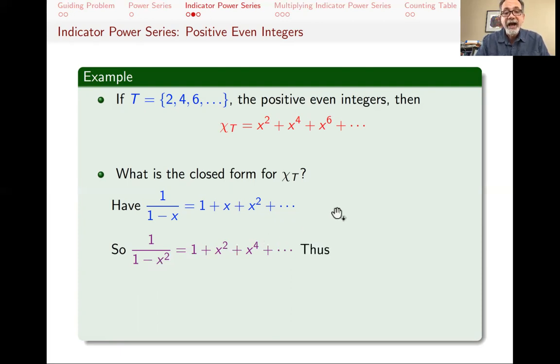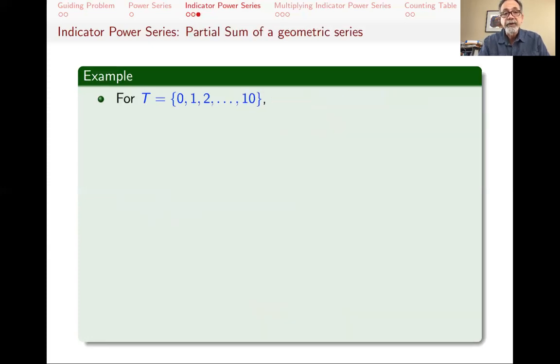Either way, I get the closed form for that indicator power series. So x squared over 1 minus x squared is the same as 1 over 1 minus x squared minus 1. If you combine terms in the right-hand side one, you'll get the other one. But anyway, either one of these is a closed form for the indicator power series for the positive even integers.